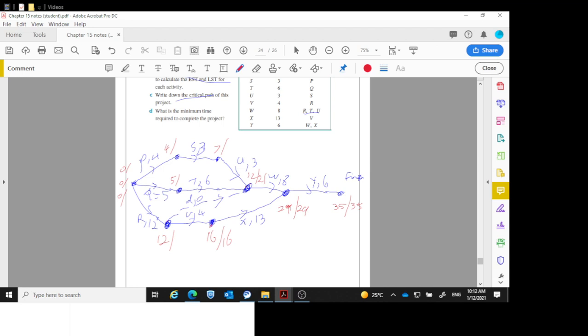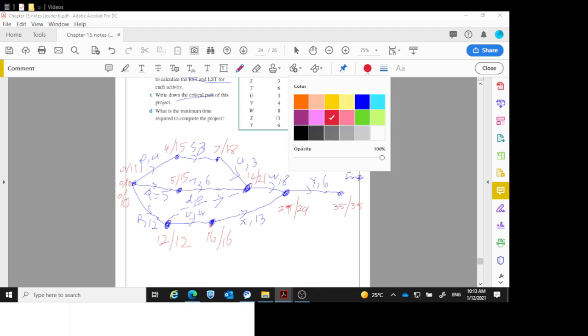Okay. 21 minus 0 is 21. 16 minus 4 is 12, the lowest one. 12 minus 12 is 0 along the R. Okay, 21 minus 3, 18. 18 minus 3, 15. 15 minus 4, 11 along the P. 21 minus 6 coming along the T. 21 minus 6, 15. 15 minus 5, 10.